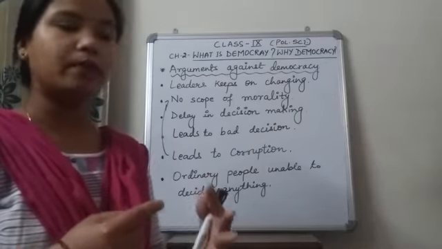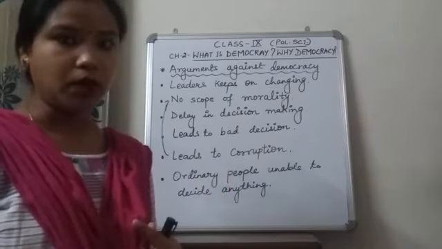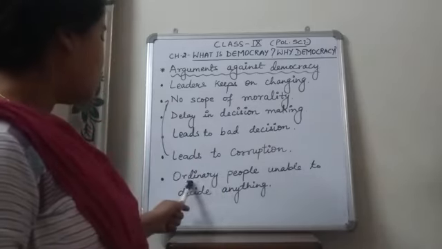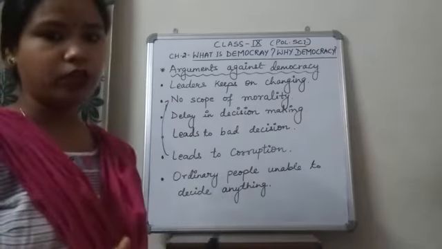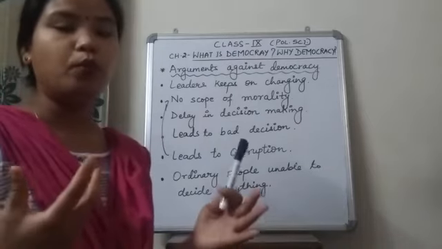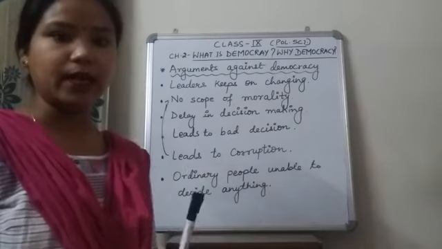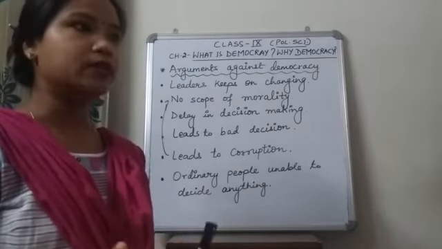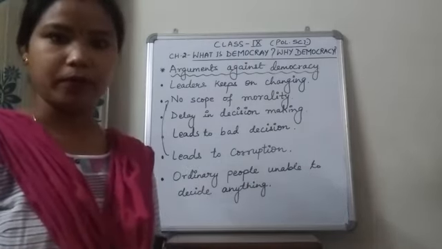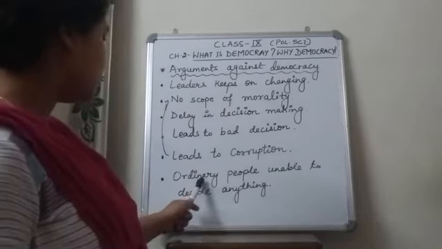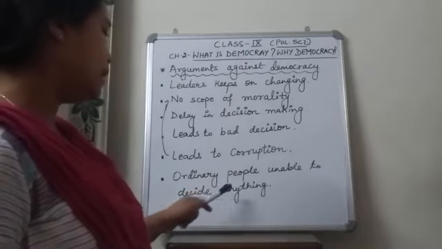They don't even know the name of that member. So it becomes very hard for these people to decide which party or which candidate is suitable or good for them. So it means that ordinary people are unable to decide anything.